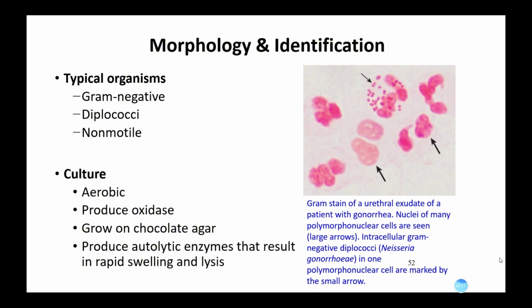First, meningococci. This is a gram stain, you can see. And in this specimen, you will not only see the bacteria, but you will also see cells like this. This is the nucleus of a neutrophil, the typical nucleus of a neutrophil.